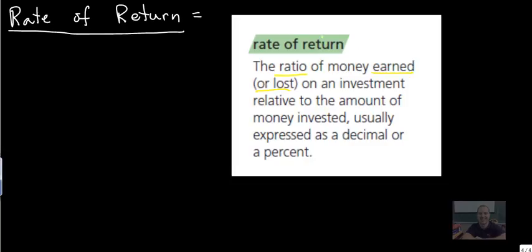So it's the amount of money that you make on interest if you put in a GIC, how much interest you get compared to the money that you put in, usually expressed as a decimal or a percent. So you usually hear like, 6% rate of return. That's what the grandpa and grandma would have gotten on their Canada Savings Bond. So they got 6% more than they put in.